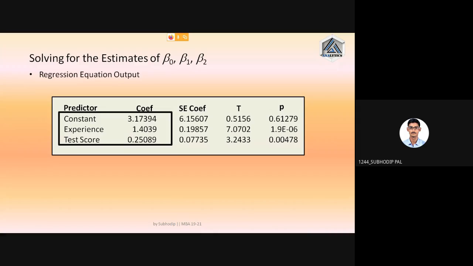For multiple linear regression, you'll get problems where the output value is given and you have to interpret something, or find some missing value from that particular output table. Got it? This is the type of question you can expect in the semester paper.